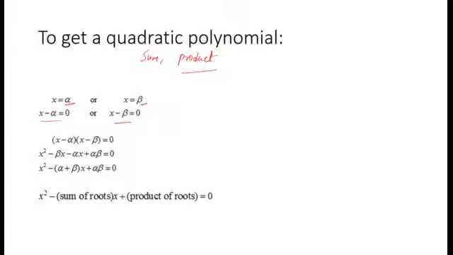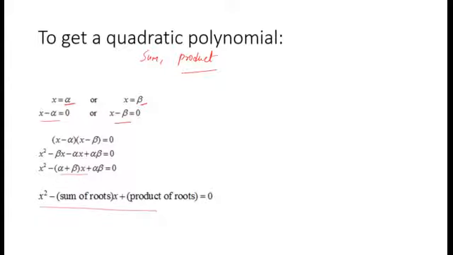We very well know the product of x minus alpha and x minus beta will give us the quadratic equation. After solving this, if we take x common, it is the same as our identity. We are going to get this final statement: x squared minus the sum of roots into x plus the product of roots equals 0.